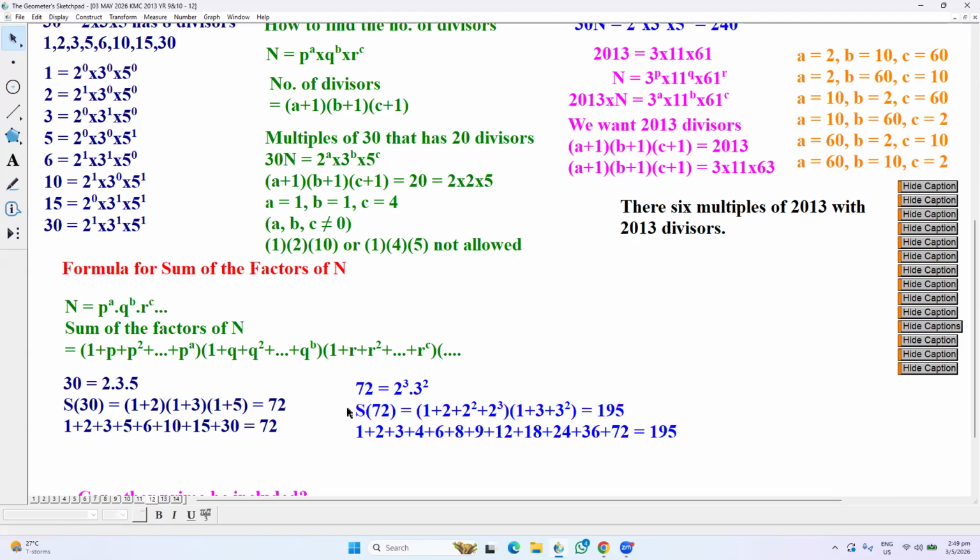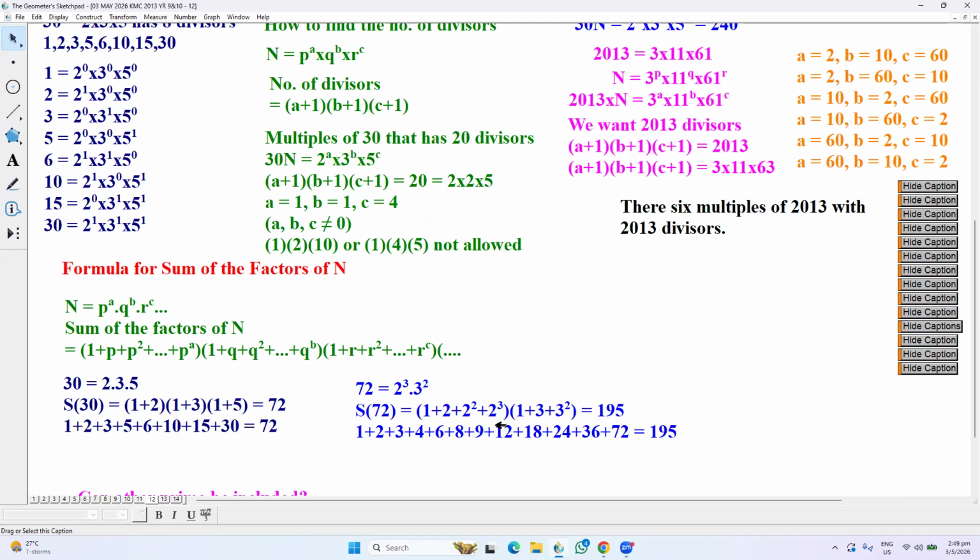Suppose we have a cube and a square: 8 times 9, 72. What is the sum of all the divisors? We see the cube, so we form the series until 2 power 3. We see the square, so we form until 3 square.